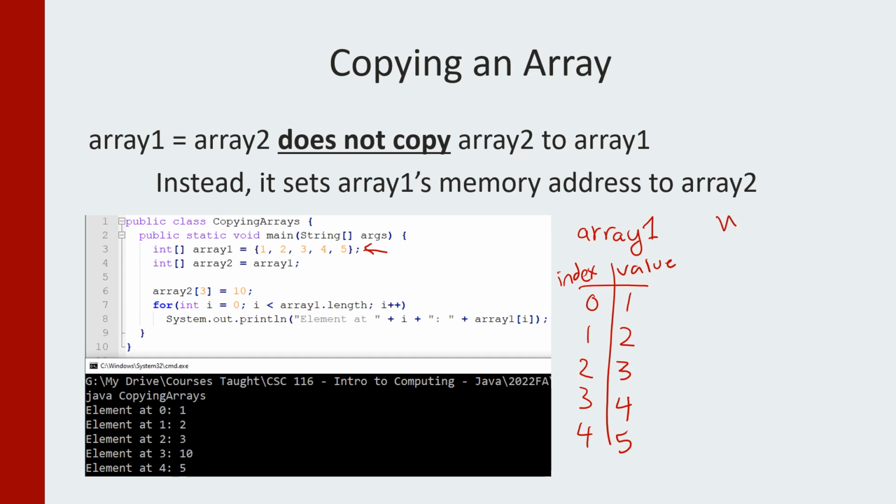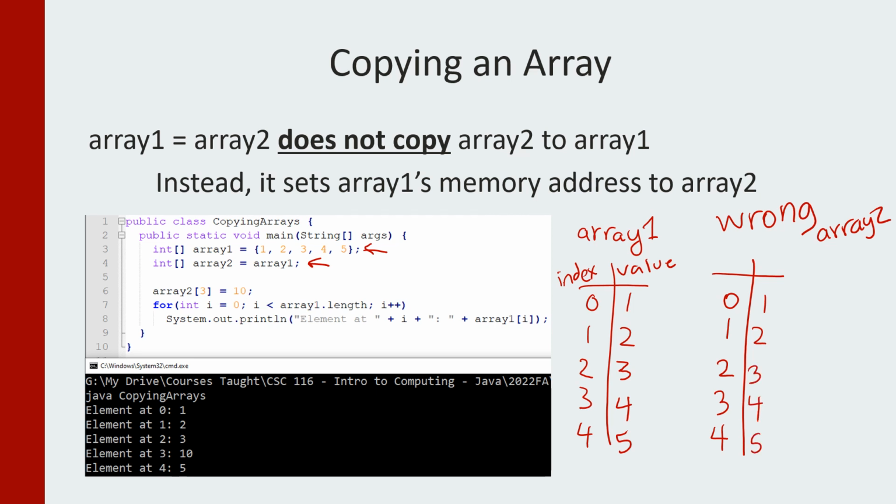And what you think is happening when you set array 2 equal to array 1 is you might think that you're making a copy for array 2, which is 1, 2, 3, 4, 5. But look at this code right here: array 2 at 3 is equal to 10.